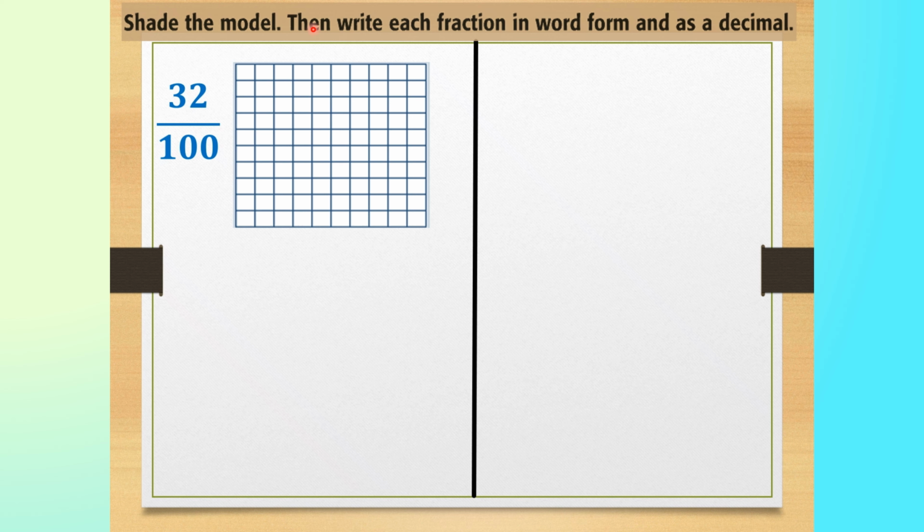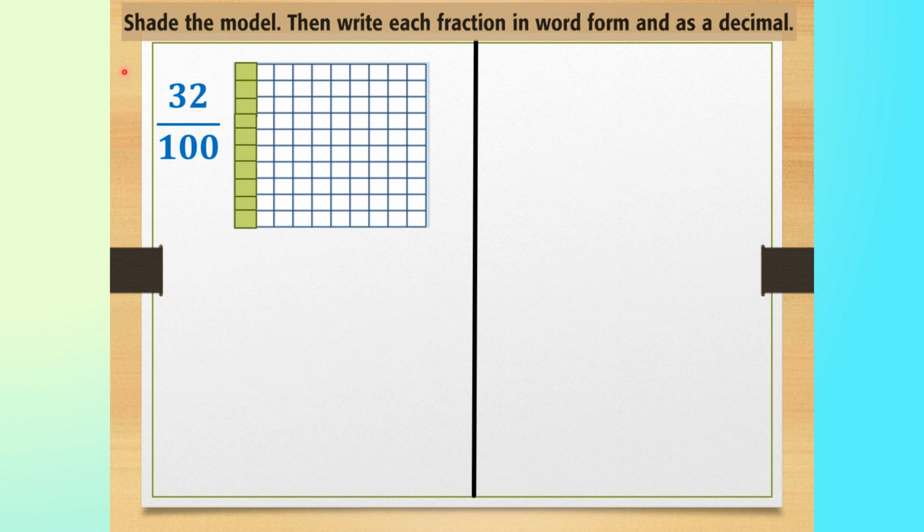Shade the model, then write each fraction in word form and as a decimal. We need to shade 32 out of 100 on the hundredth grid. So we will be shading the numerator on the grid. From top to bottom, we have 10 small squares. 1, 2, 3, 4, 5, 6, 7, 8, 9, 10. So I will shade in tens to get 30, and I will shade the 2 individually.